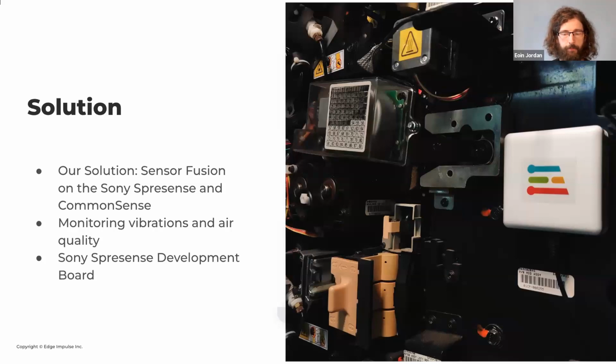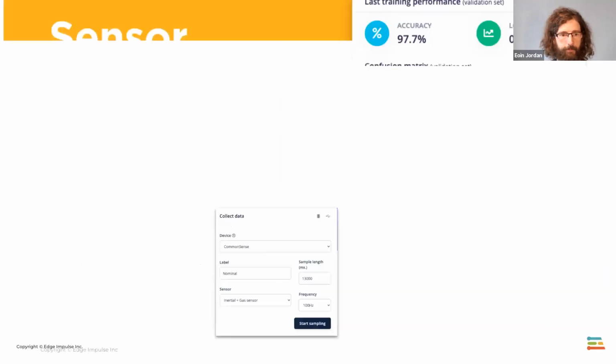So the likes of stereoscopic cameras, you could have multiple cameras, or positional audio, you could have multiple microphones. Here we're using the VOC sensor and the inertial sensor to build a combined model that can predict when our printer is going to get into a bad state.